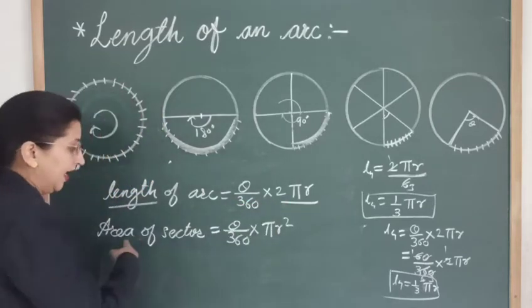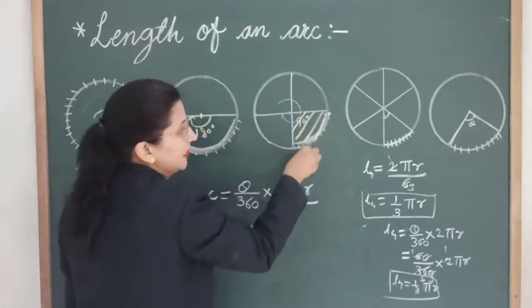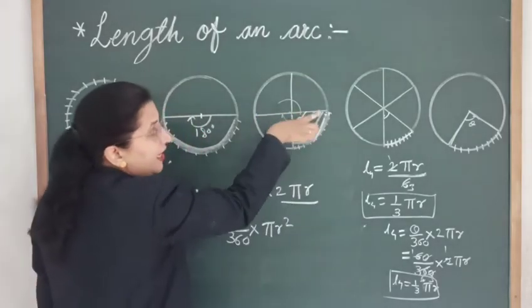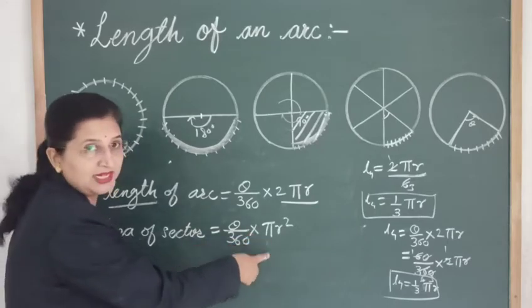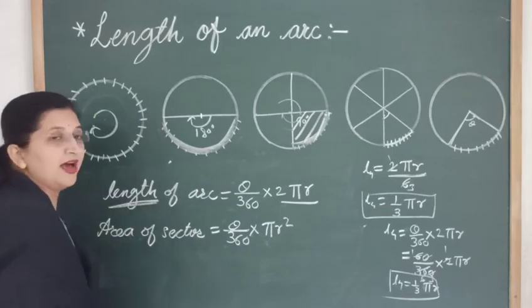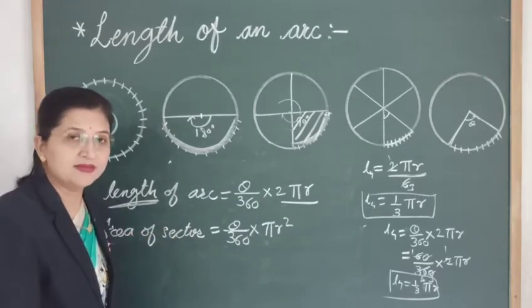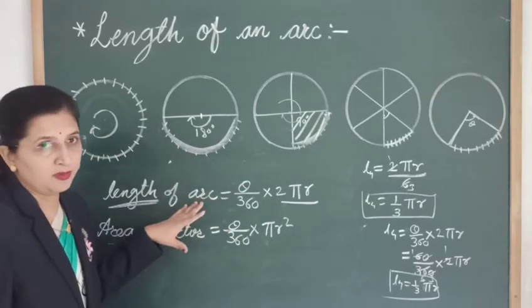Okay. And when we are considering the area of sector, the area of sector is the part of the area of circle, that's why theta upon 360 into area of circle, that is pi r square. Okay, so in this way, length of arc is part of the circumference, and area of sector is part of the area of circle. So try to differentiate both of these formulae.